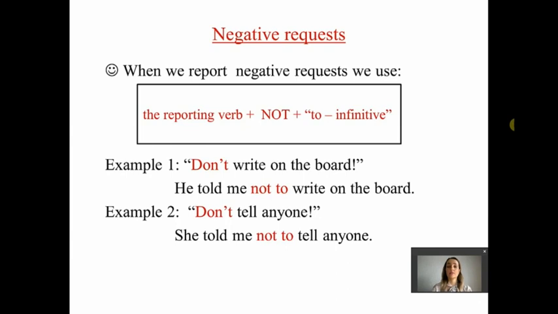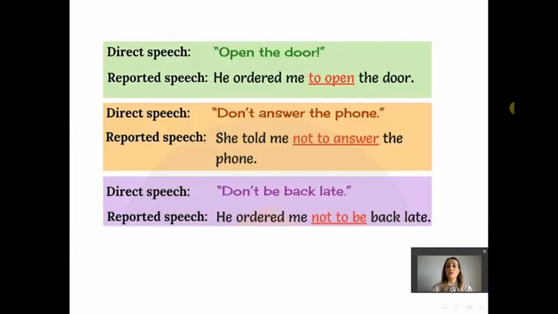Great. Now, more examples to practice. Open the door. He ordered me to open the door. Don't answer the phone. She told me not to answer the phone. Don't be back late. He ordered me not to be back late.